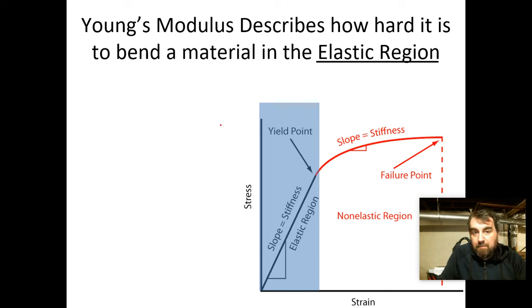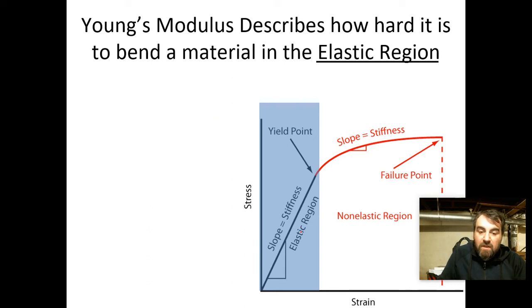Something that does not bend is going to have a high modulus of elasticity. Something that bends very easily is going to have a low modulus of elasticity. Something like cast iron, like a cast iron pan, is not going to bend, so it has a high modulus of elasticity, whereas something like rubber has a very low modulus of elasticity.